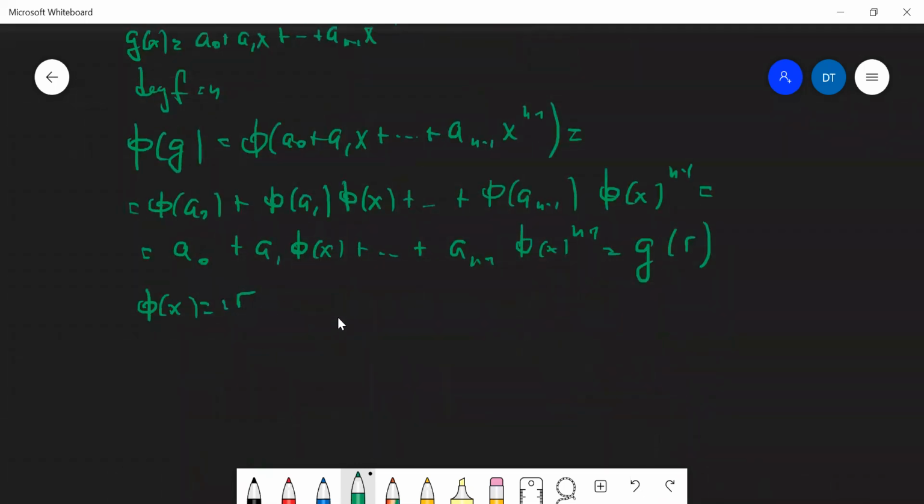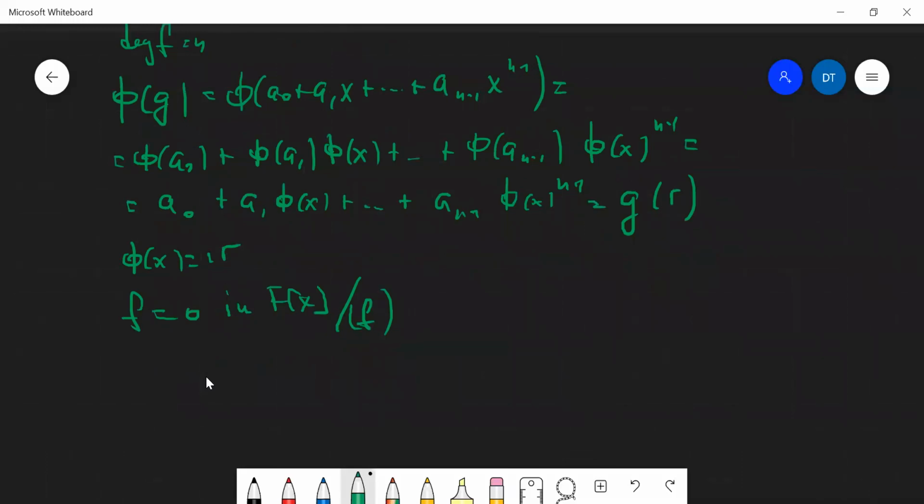That's the first observation. The second observation: f is equal to 0 in F[x] quotient f, just by definition, because the remainder of f is 0. But if you apply the homomorphism, you will get phi of f equals phi of 0, which is 0. But from the other hand, we know that it must be f of r. We computed this for any g.